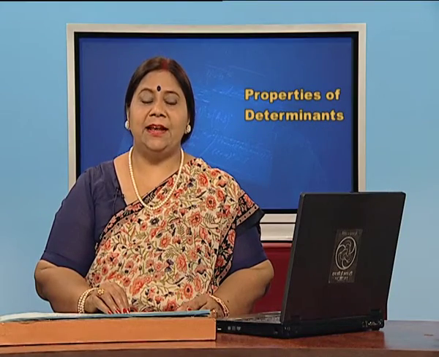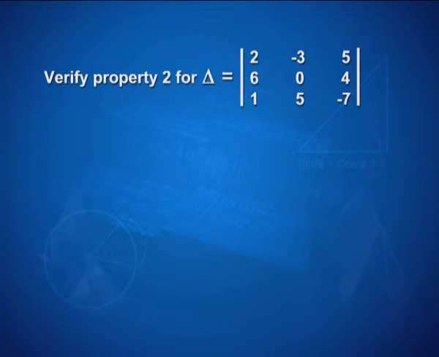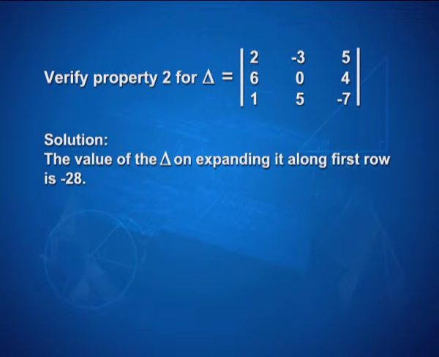Now, students, let us solve another question to verify the second property of determinants. Let us take one determinant: 2, minus 3, 5, 6, 0, 4, 1, 5, minus 7. For the solution, the value of the determinant on expanding it along the first row is minus 28.